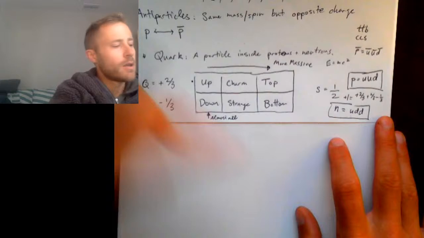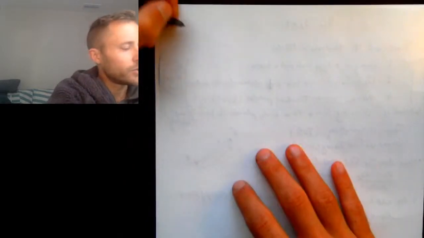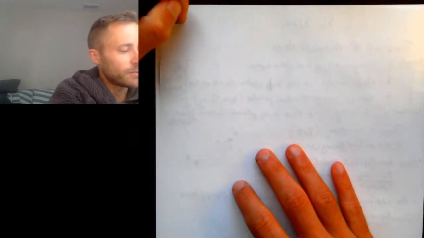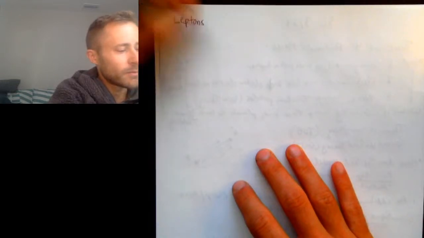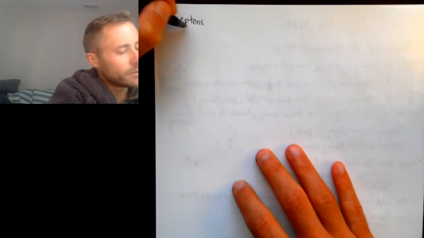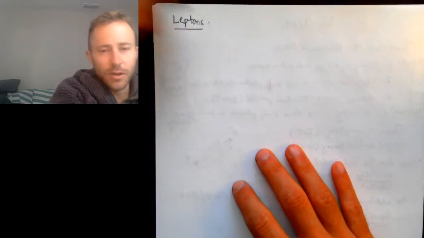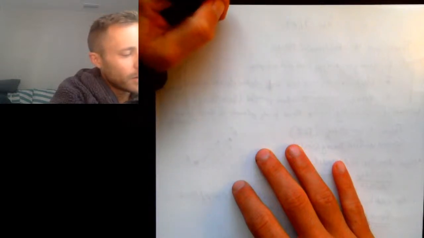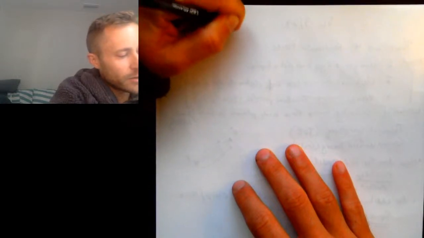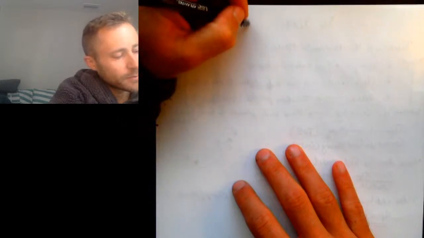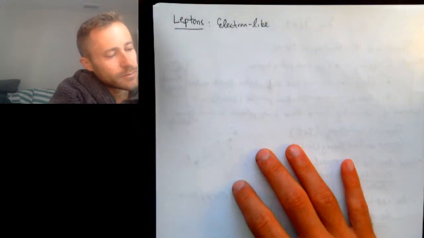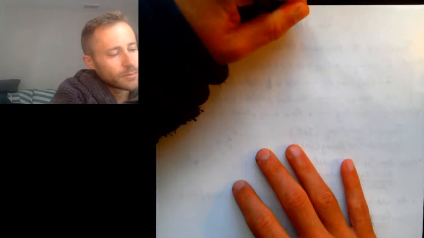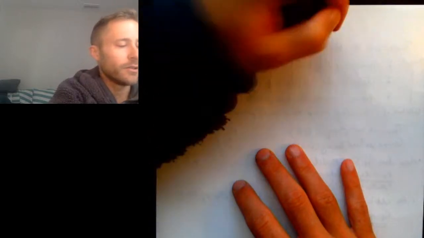All right. So there is another class of matter particles, which are called leptons. And leptons are electron-like particles. And neutrinos.